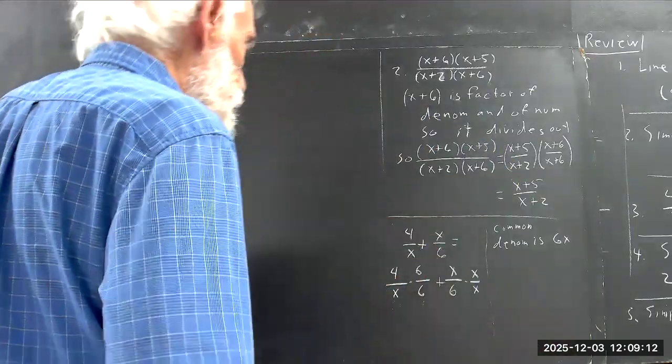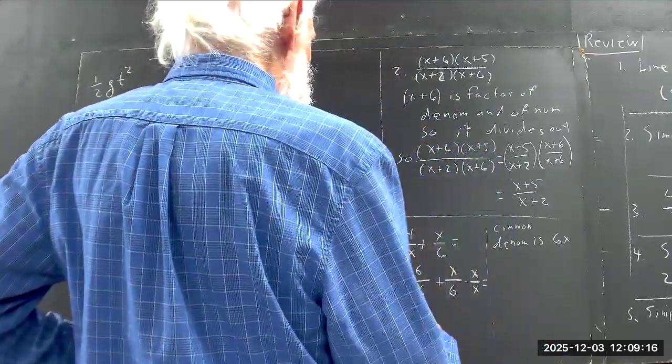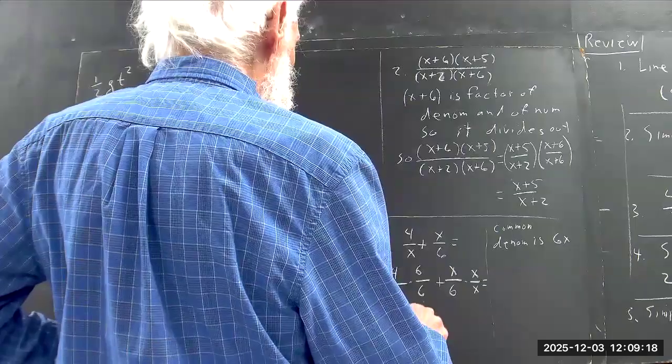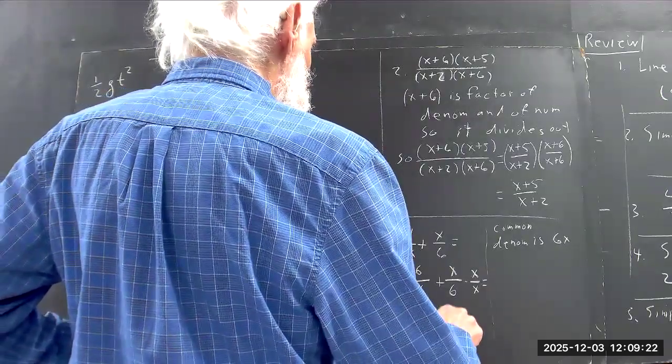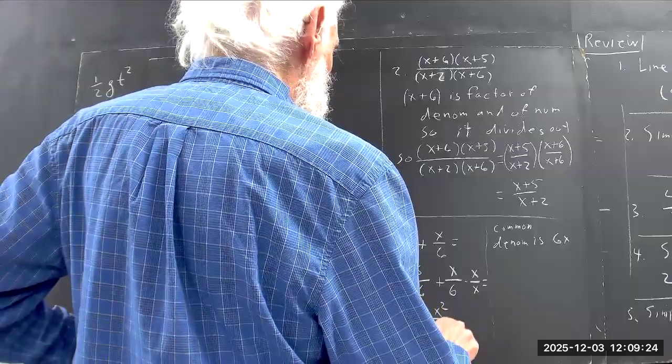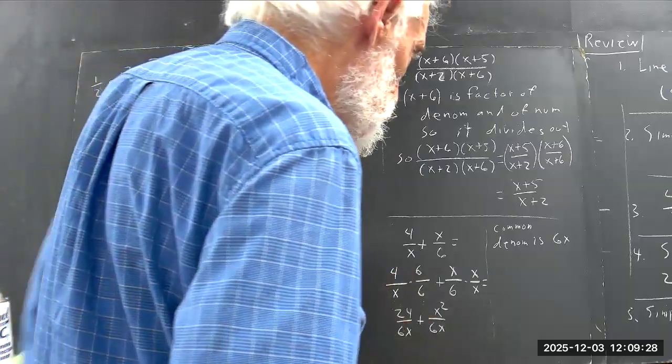Now, that's 24 over 6x plus x squared over 6x.